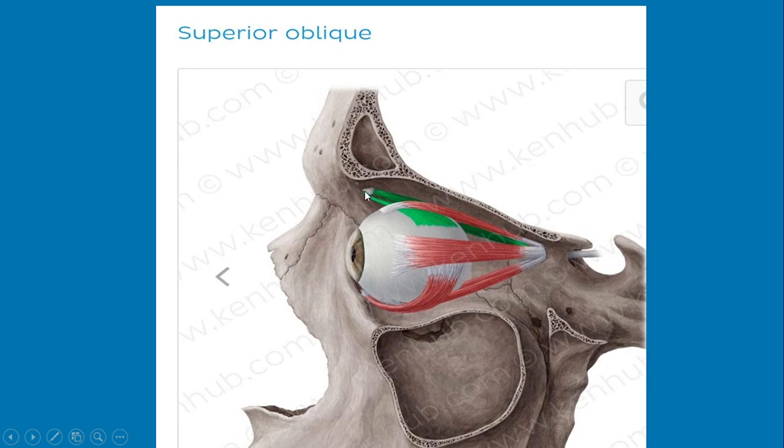On the medial aspect you can see a depression, that is the trochlear fossa, to which the fibrocartilaginous pulley attaches, and the superior oblique muscle inserts towards the sclera in between the superior and lateral rectus. Understood? It is nicely visible, isn't it?